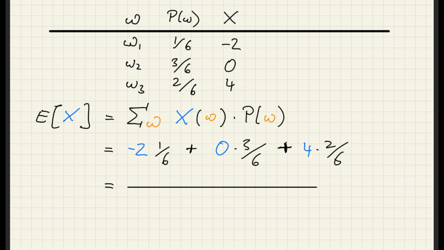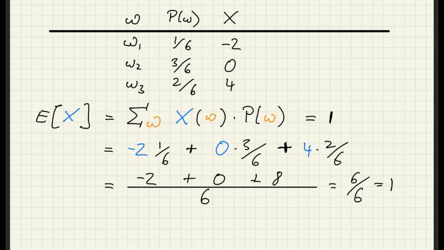The common denominator goes here, and now we do minus 2 times 1, that's a minus 2, plus 0 times 3, that's a 0, plus 4 times 2, that's an 8. So minus 2 plus 8, that is a 6. 6 over 6 is 1. So now we've computed the expectation to be 1.